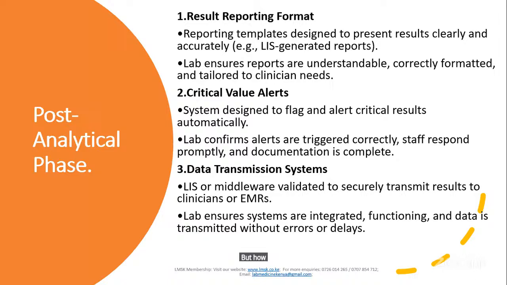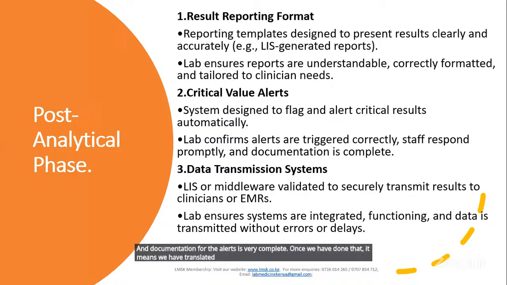But how do we translate this fit for purpose into fit for use? The lab confirms alerts are triggered correctly. Staff responds promptly to the alerts, and documentation for the alerts is very complete. Once we have done that, it means we have translated what was deemed fit for purpose into what is actually fit for use.